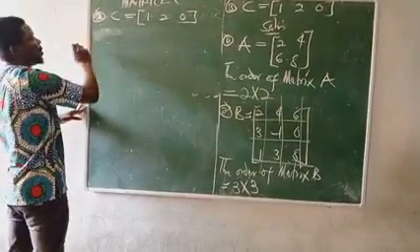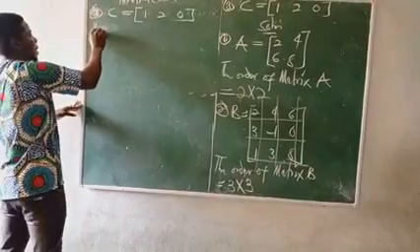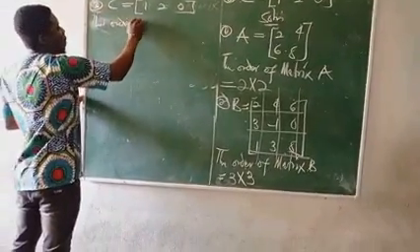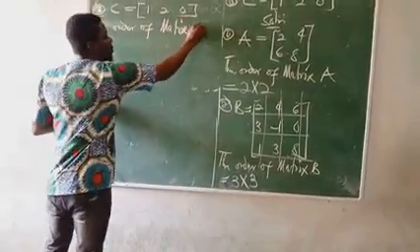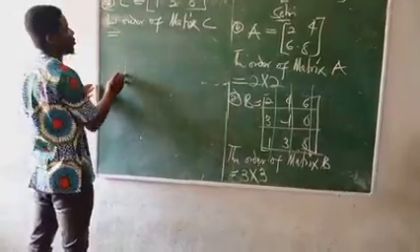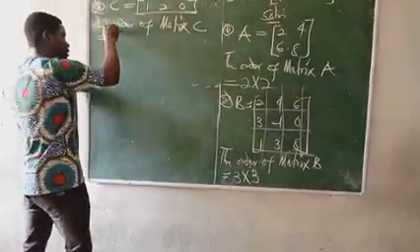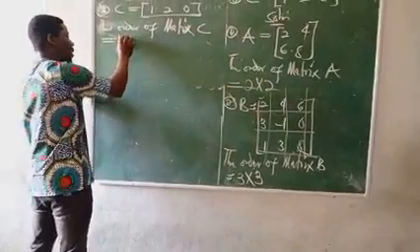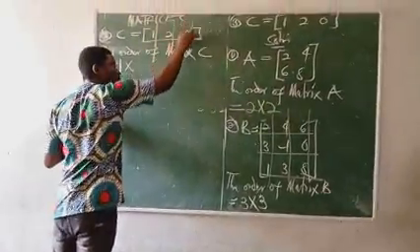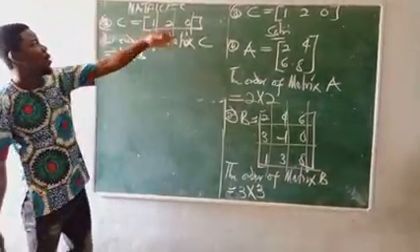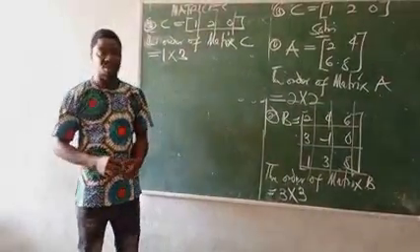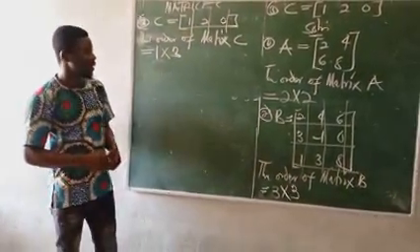And from here, we have the order of matrix C, and it equals, of course, this is row 1, that is just 1 row, by 1, 2, 3, you can see. So we have 3 columns there. So this is a 1 by 3 matrix. So the order of this matrix is 1 by 3.